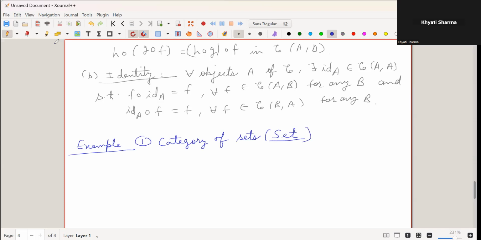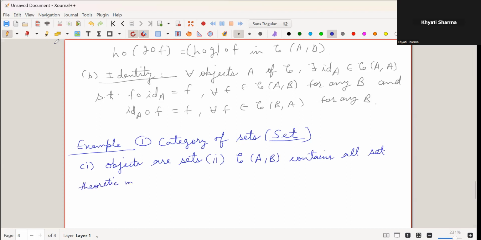Here the objects are all sets, and C(A,B) contains all set-theoretic maps from a set A to another set B. And what is third?